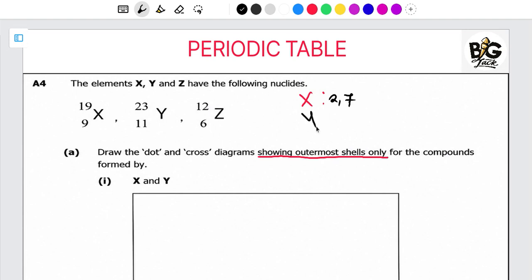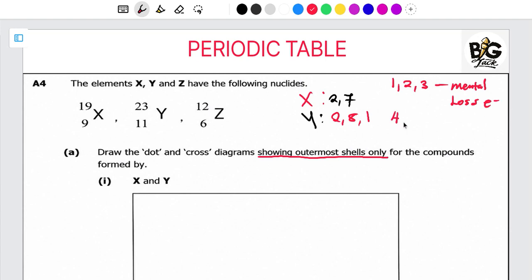Then for y, we have 11, so it is 2,8,1. Just a brief explanation: group 1, group 2, and group 3 are metals, and metals lose electrons.